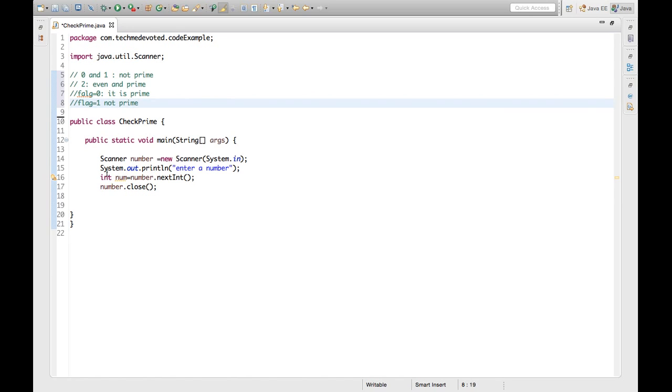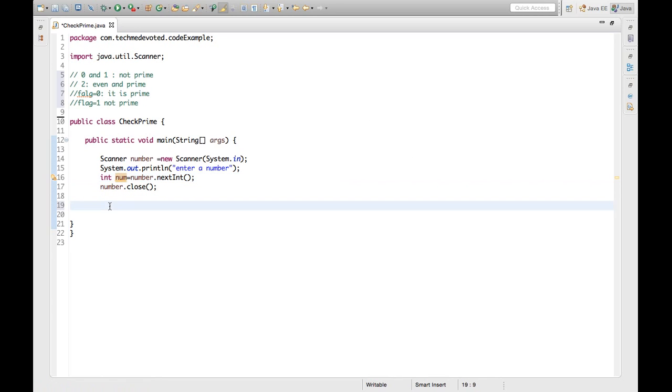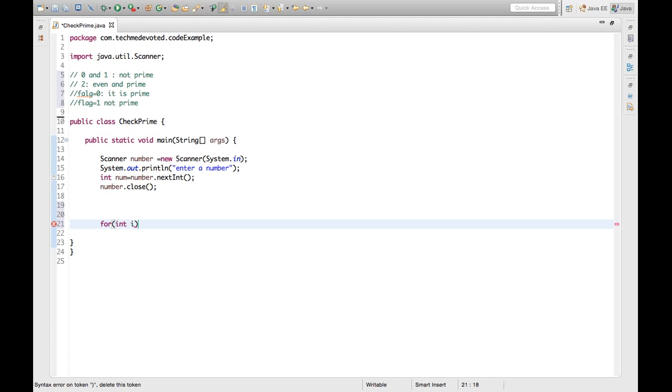Okay, so let's write the code to find whether a number is prime or not. First we take the number from the user. Then we take a loop for int i equal to 2, starting from 2, and i less than or equal to... Now one thing, we should not check up to num.